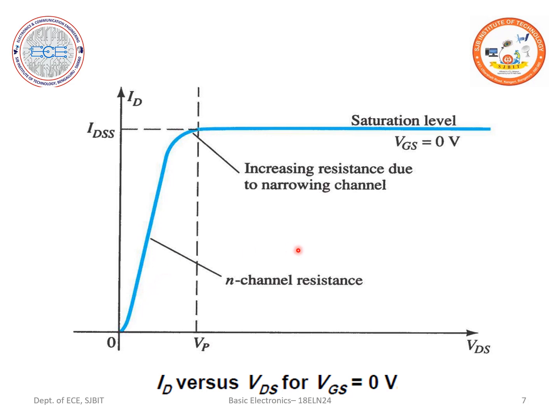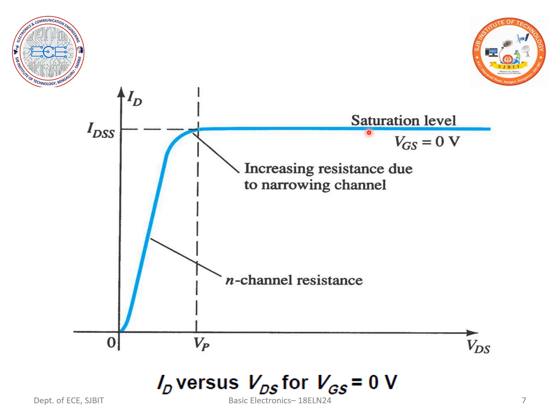Thus, even though VDS is more, the resistance of the channel is also high and the current remains relatively constant. This region we call the pinch off or saturation region.